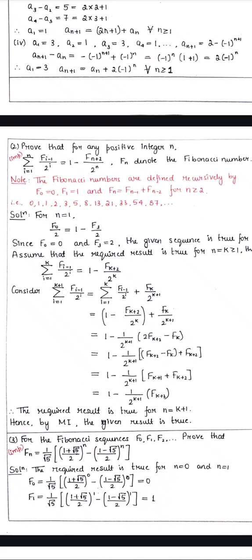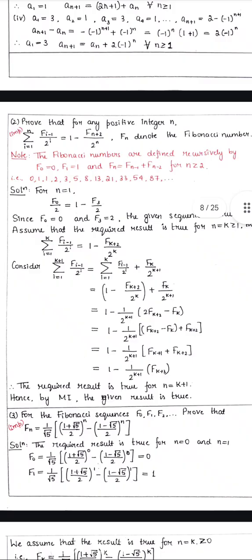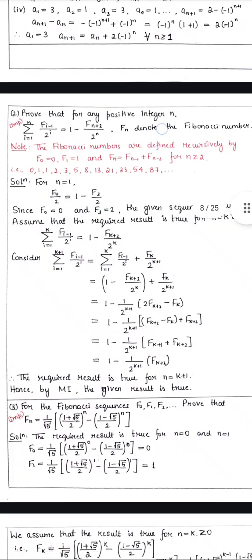Fn denotes the Fibonacci series. The Fibonacci numbers are defined recursively by f naught is 0, f1 is 1, and fn equals fn minus 1 plus fn minus 2 for all n greater than or equal to 2.